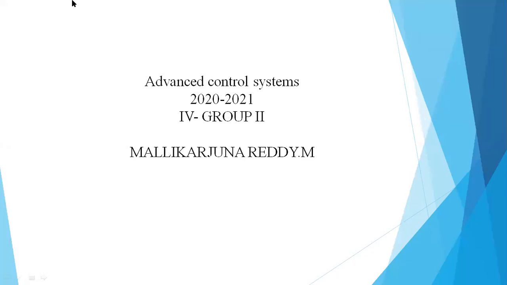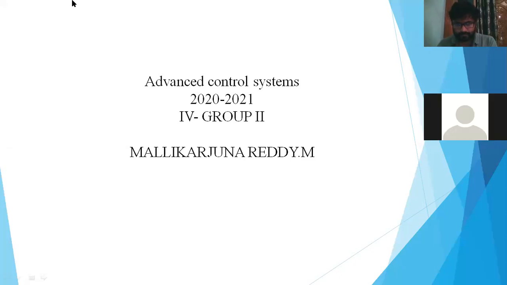I think I have given you tasks regarding the state transition matrix. One thing is you should identify what is the significance of the state transition matrix. Second, you have to identify the properties of the state transition matrix.